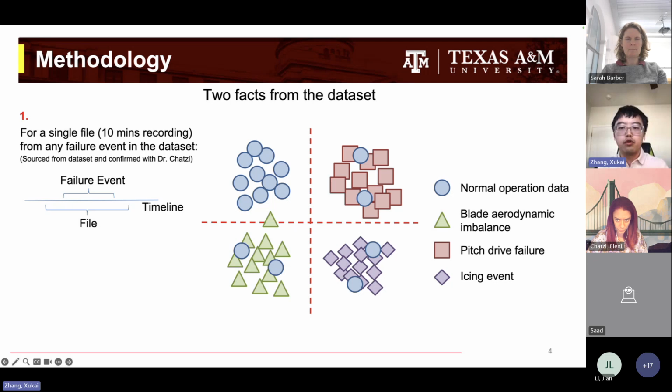Second, multiple events can occur together, even if they are not the main cause of failure. For example, in winter, icing may happen alongside the blade aerodynamic imbalance failure. In this case, icing may be recorded in the dataset, but not explicitly reported.